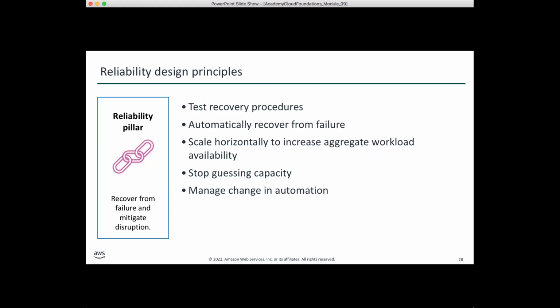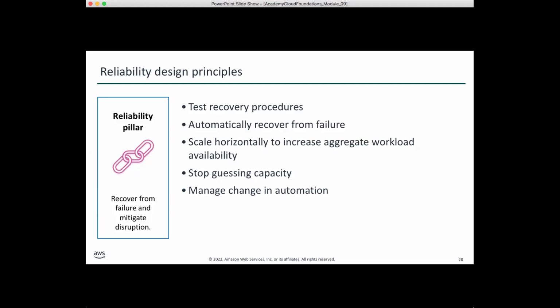Next is stop guessing capacity. We should have real statistics to monitor. You can use CloudWatch or other tools to monitor the demand and system usage, and automate the addition or removal of resources, auto scaling, load balancing, all those things we saw in the last class, to maintain the optimal level of satisfying demand.